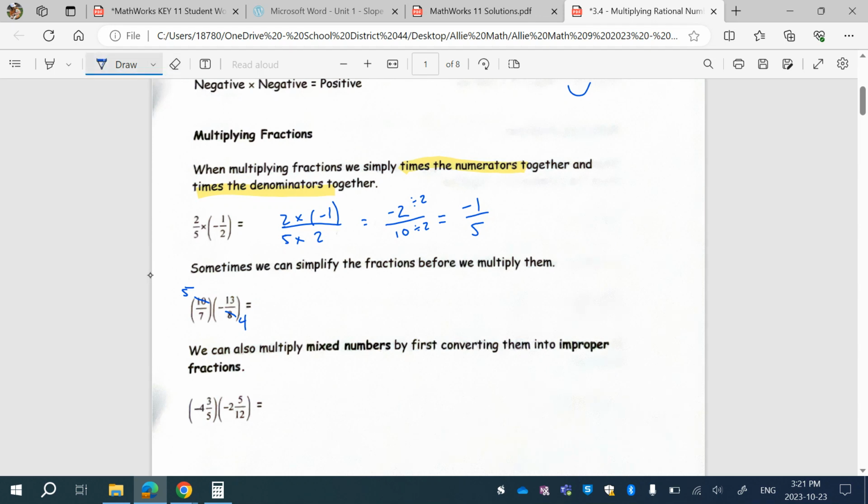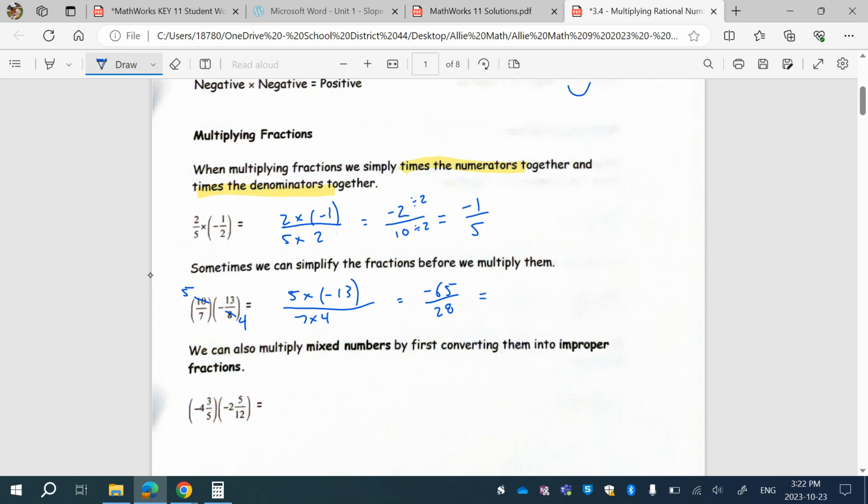So I go 5 times -13 over 7 times 4. And we get, I think that's -65 over 7 times 4 is 28. Is there anything that goes into each of these? I can't think of it, but we can convert this into a mixed number.